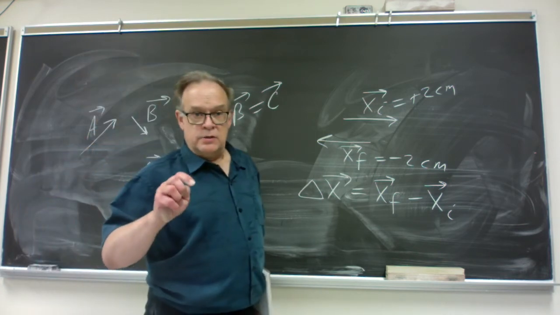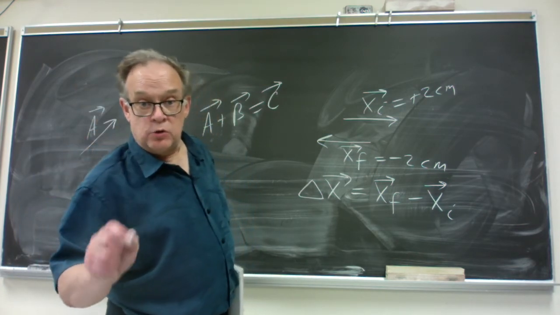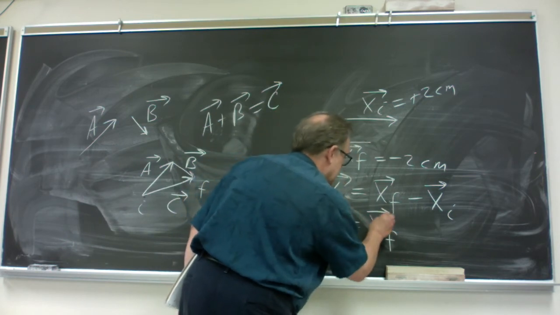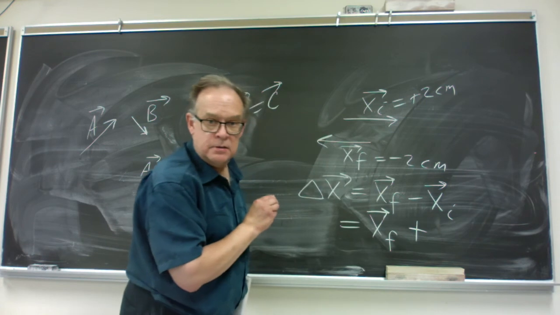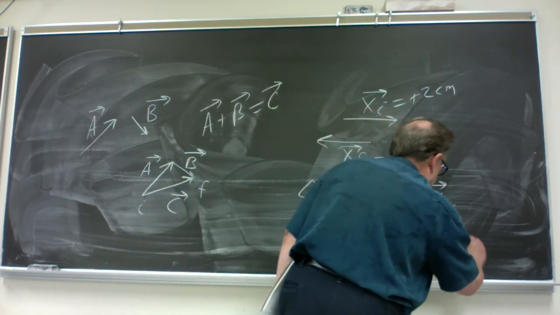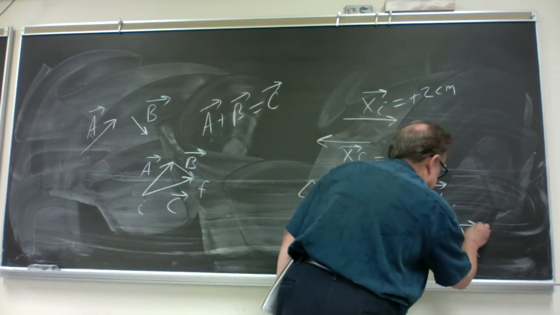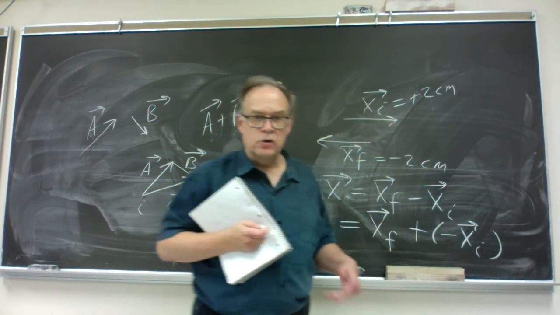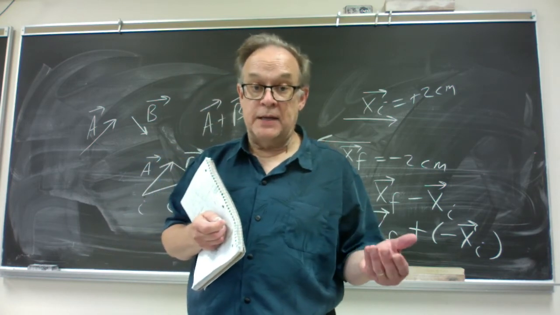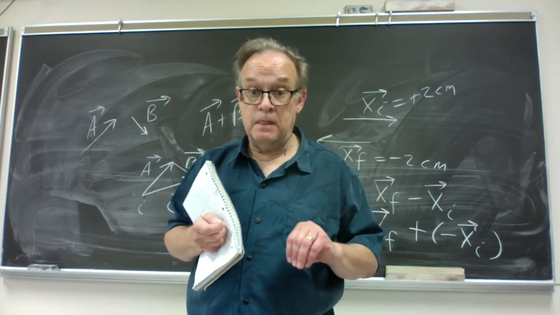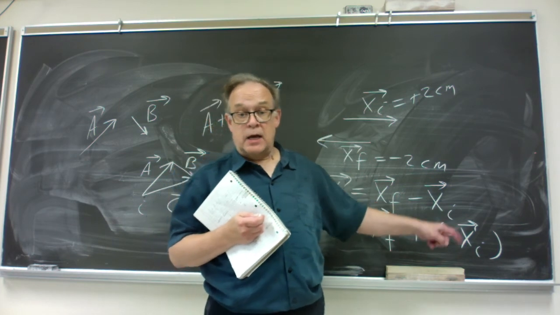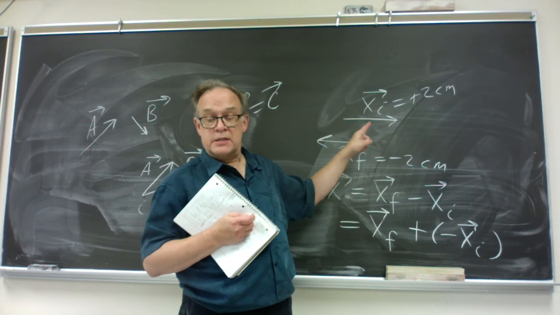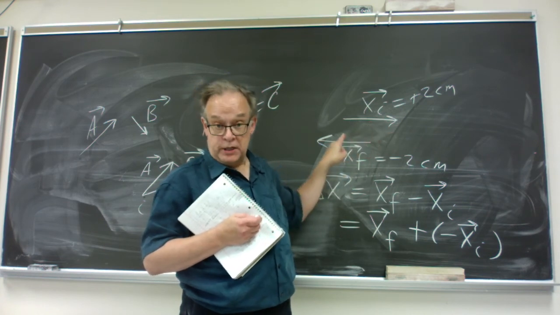Now, to be precise here, what are the two vectors that we're summing? x final, and then we add to that the vector minus x initial. And minus any vector just means a vector of the same magnitude but pointing the opposite way. So this minus x initial would be represented by an arrow just as long as x initial itself, but pointing in the opposite direction.